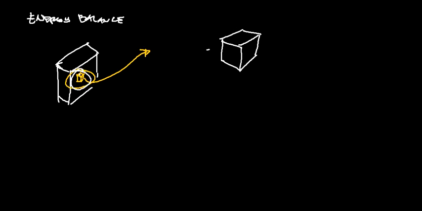Okay, so if we have this element, then since we are talking about space, let me set up our coordinate system. Say this is the x direction, going there is our y, and going upward is our z.